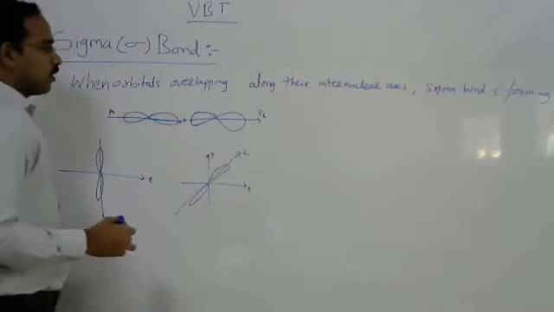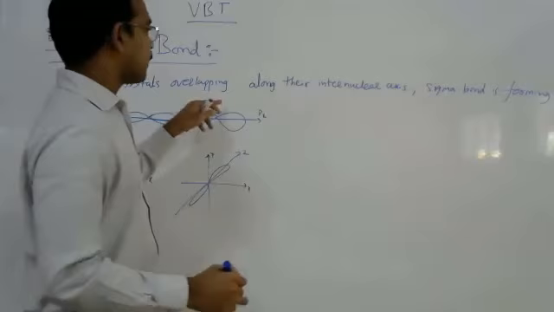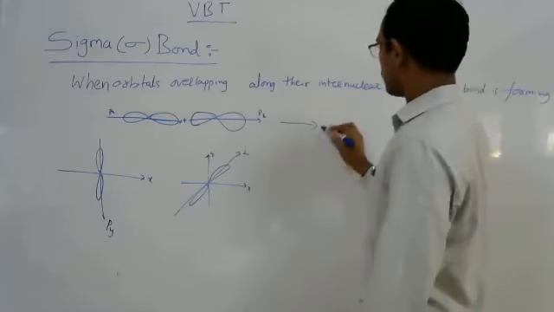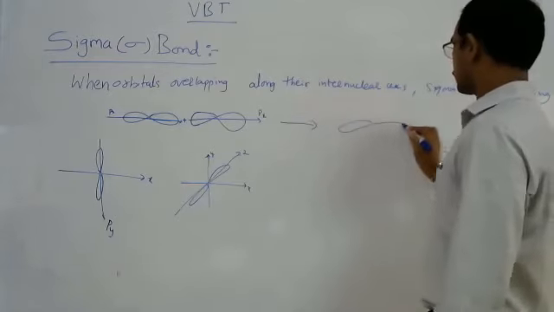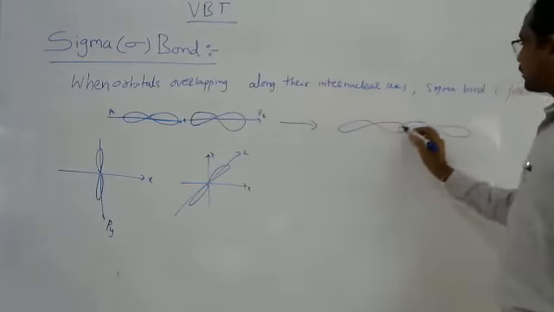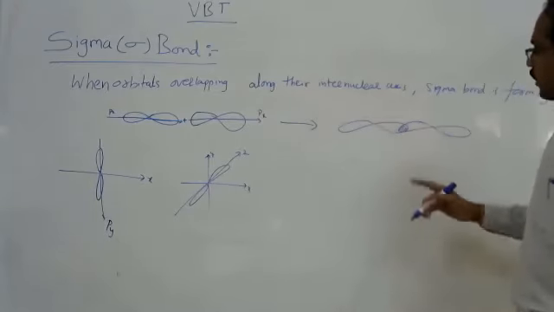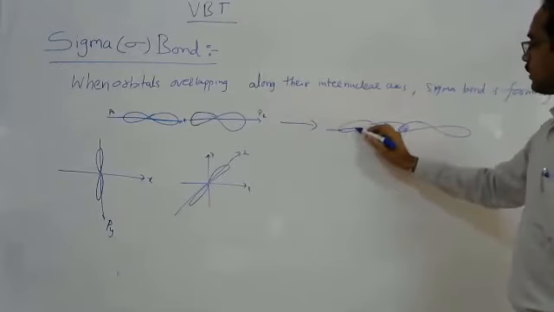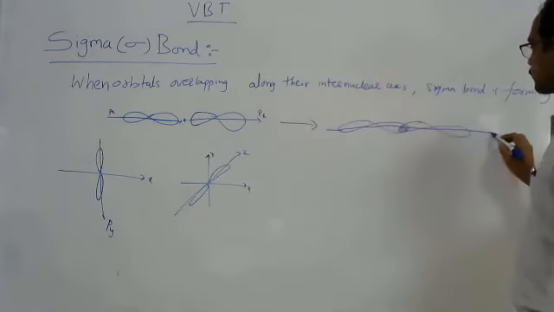Now, when orbitals overlapping along their internuclear axis, sigma bond, देखो, it is forming like this. This is the overlapping. Overlapping कहाँ हुआ था? Through the arm along with their internuclear axis.